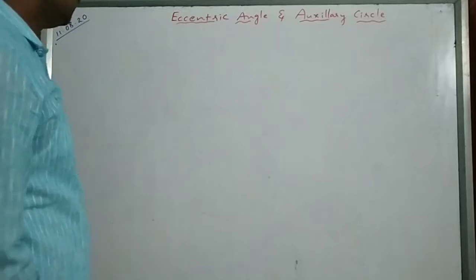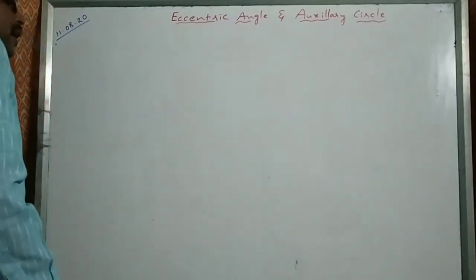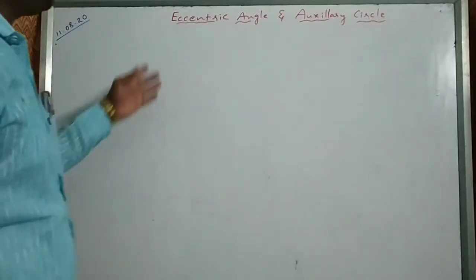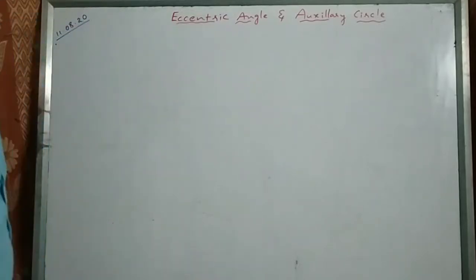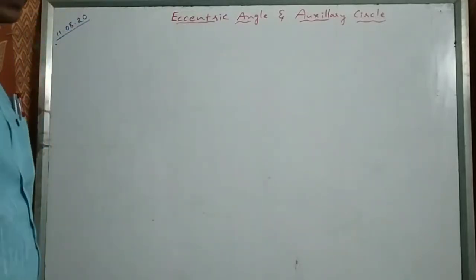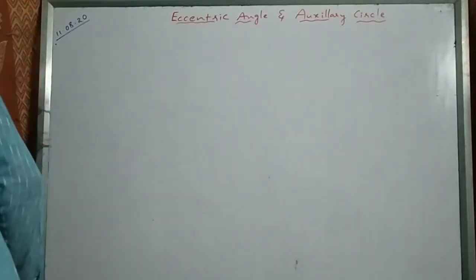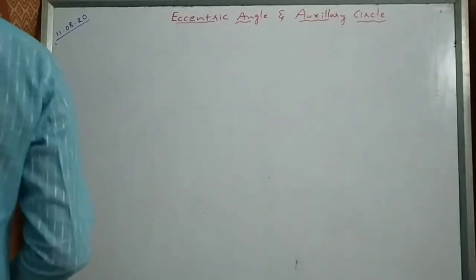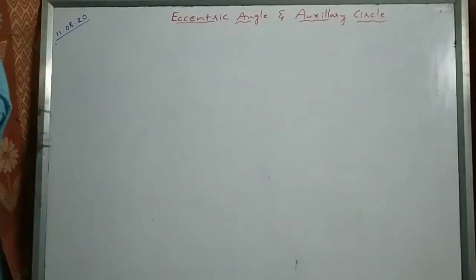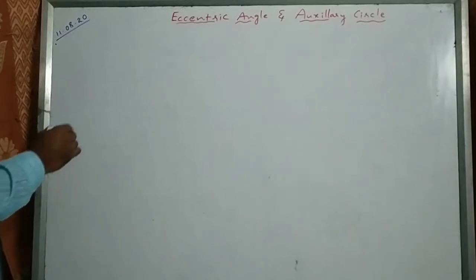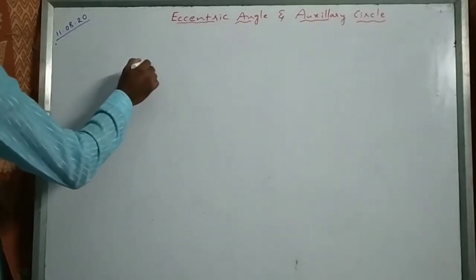Hi students, today let me explain what is eccentric angle and auxiliary circle of an ellipse. Okay, so take an ellipse.